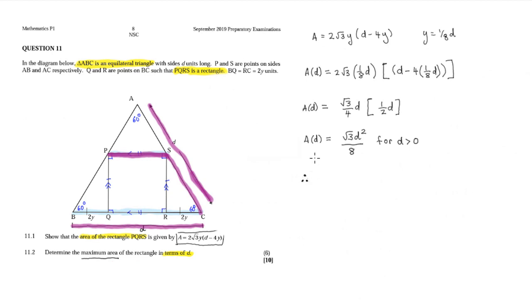Therefore the maximum area of the rectangle is given by the chosen D value.